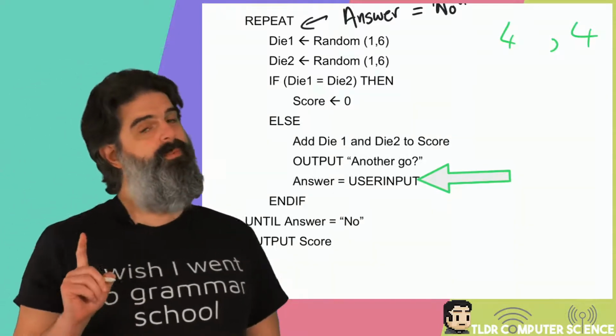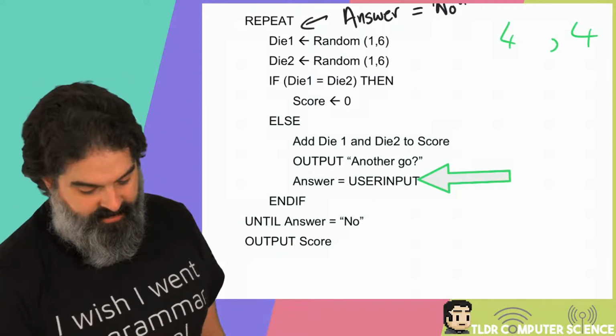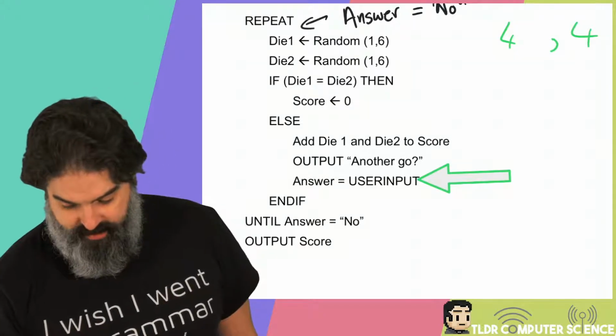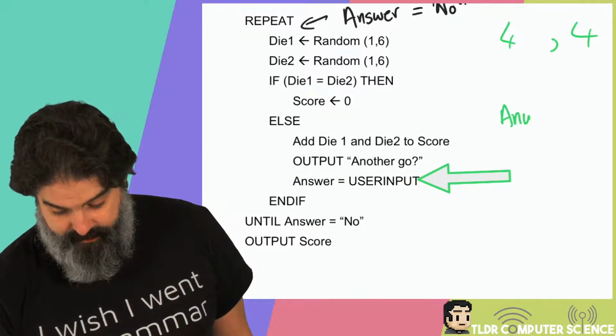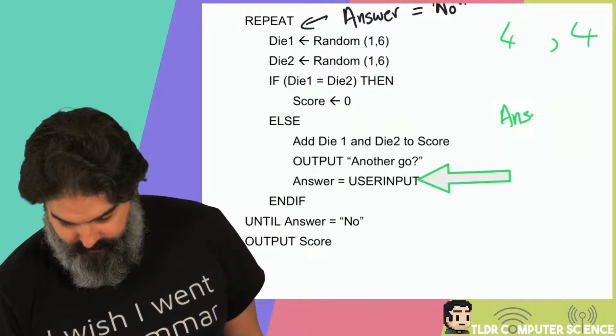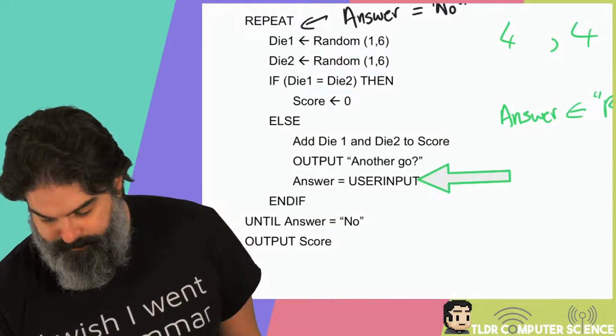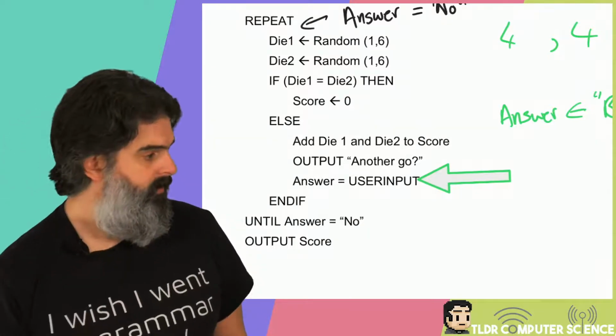Technically, this is a little bit broken as well, because you could say, for instance, for the input answer, and you put in Bob.